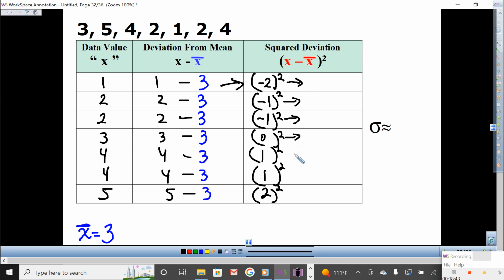And write the numbers there. So, -2 squared is 4, 1, 1, 0, 1, 1, 4. So far so good? Yes?